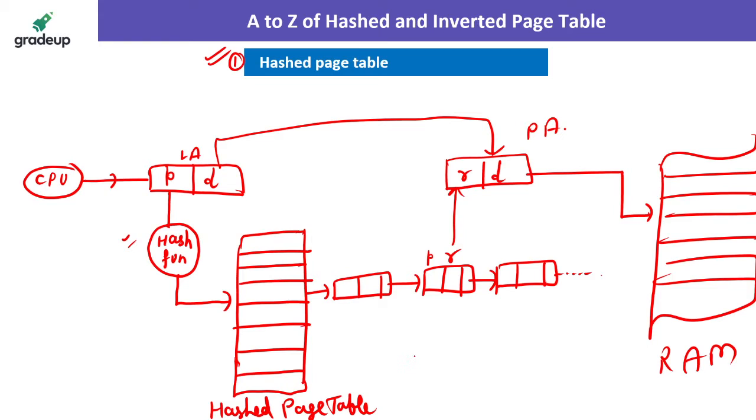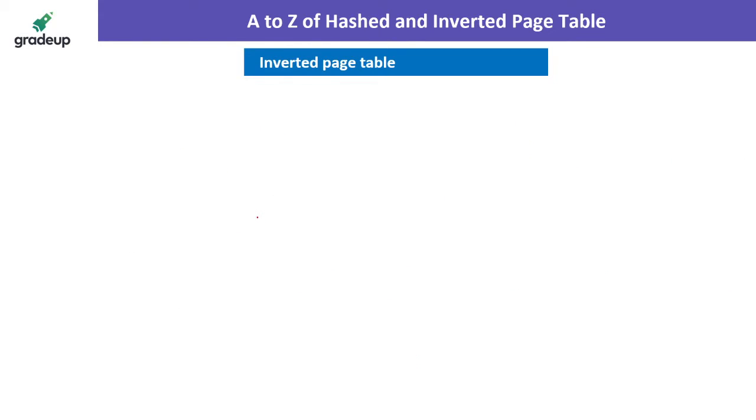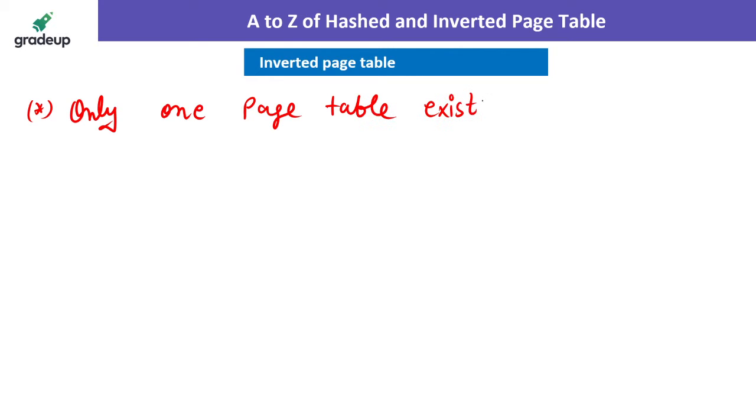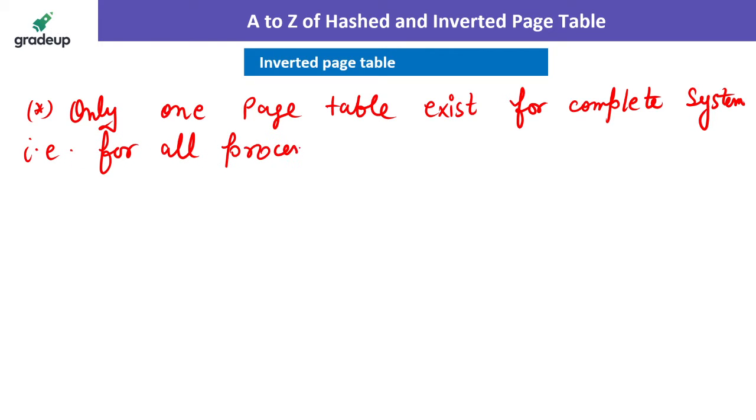Okay. So this is the hashed page table. Now if we see the inverted page table, please remember one point: in the inverted page table, only one page table exists for the complete system, that is, for all processes we have only one page table.